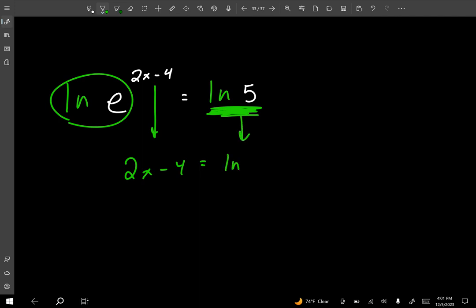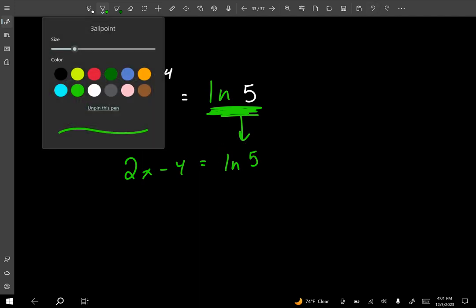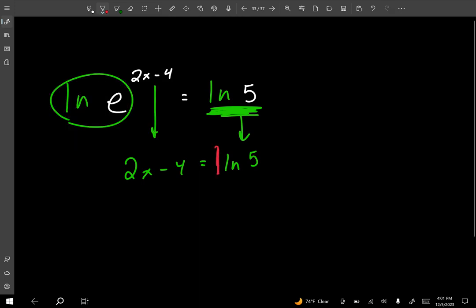So you could punch this in a calculator, or you could just literally leave it. And now you just work around it. So I'm just going to leave this. Remember, not to put too much emphasis on it, but this is important: this is just a number. If you were to plug it in a calculator, it'll give you a number. I don't want to find out what it is. It's just some decimal. But you can work around it.